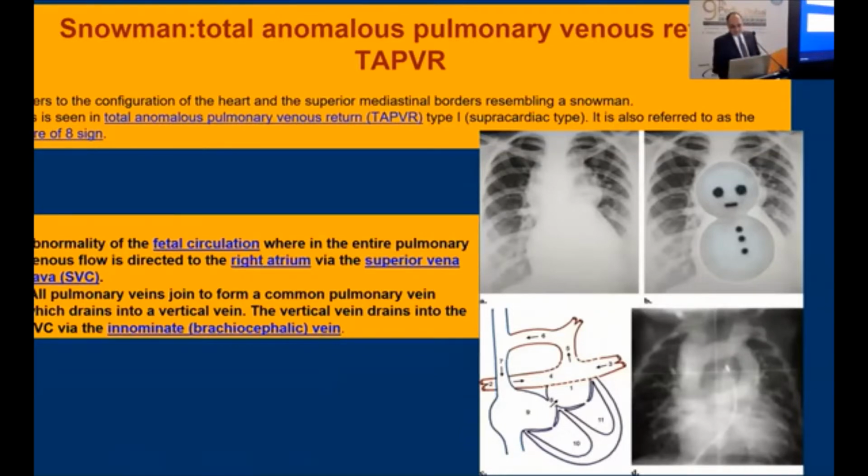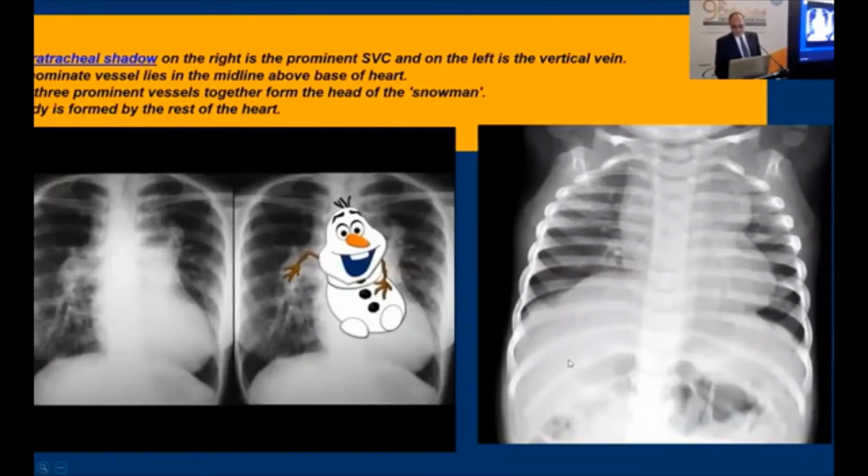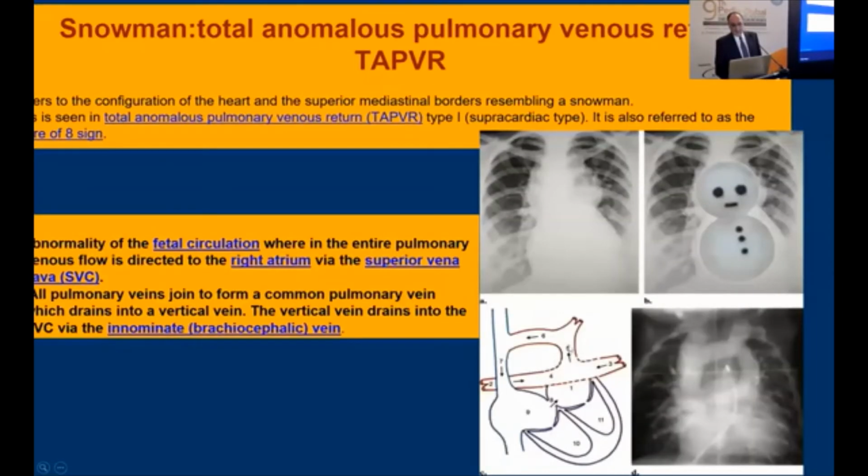So this sign, the total anomalous pulmonary venous return: usually all the drainage becomes a single vein, which goes through a vertical vein draining into the left brachiocephalic vein, which gives this appearance on the X-ray.